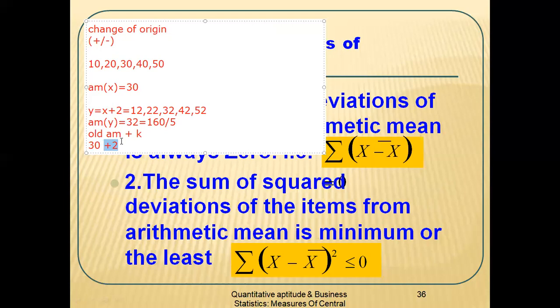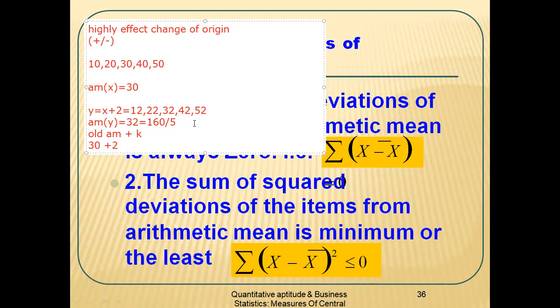That means under change of origin, if I add a constant number or subtract a constant number for each observation, your new arithmetic mean will change. That means arithmetic mean is highly affected with change of origin. If I add or subtract a constant number, will your arithmetic mean be the same or will it vary?